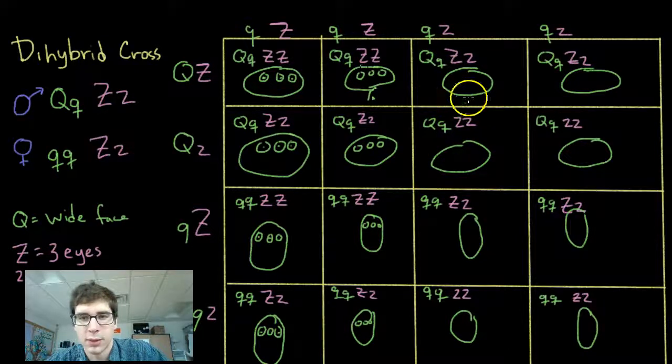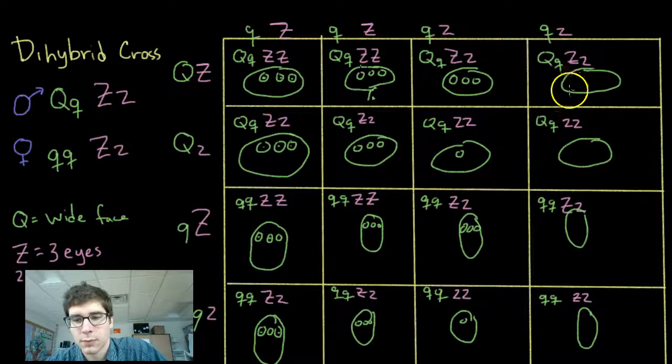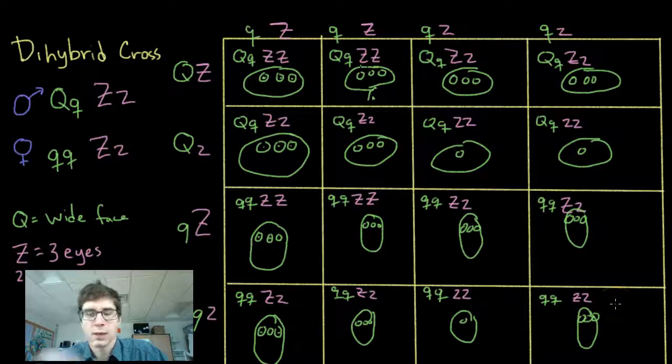Okay, now I'm going to go back and fill in all my eyeballs. 3 eyes. Ooh, 1 eye. 3 eyes. 1 eye. 3 eyes. 1 eye. 3 eyes. 3 eyes. Okay, so there we go.